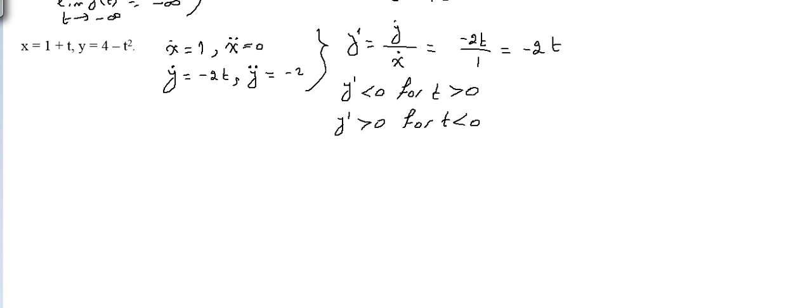This is important. Let's see what happens at t equals 0. Here we have a special point. The derivative is minus 2 times 0, which is 0.